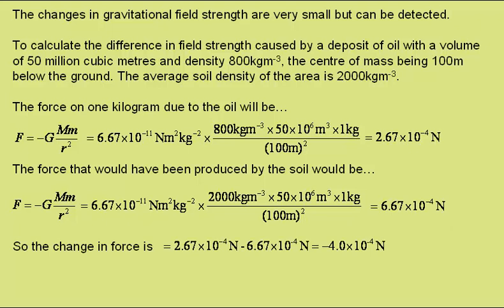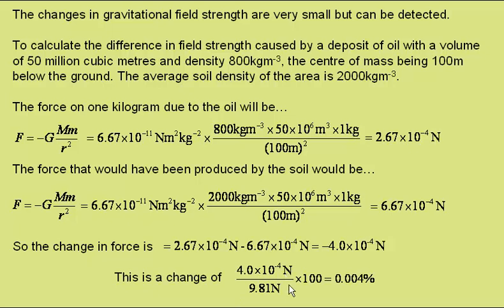So the change in force is the force due to the oil minus the force that would have been caused by the soil, giving a reduction of 4 times 10 to the minus 4 newtons. So we have a change of 4 times 10 to the minus 4 newtons over the average weight of the object of 9.81 newtons, multiplied by 100 gives a change of just 0.004%.